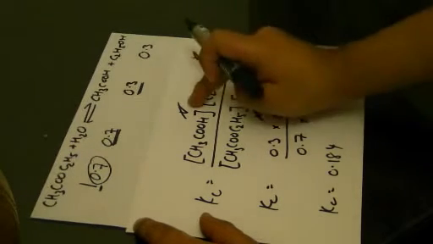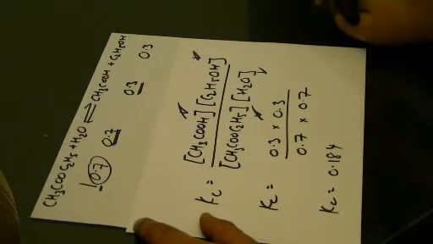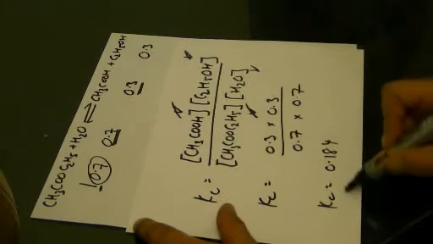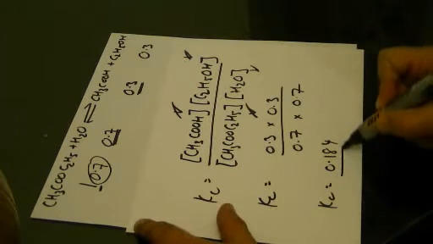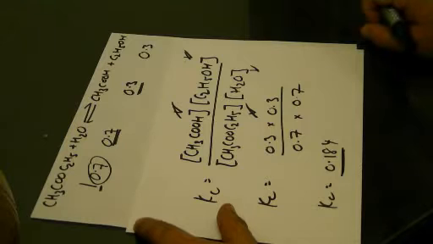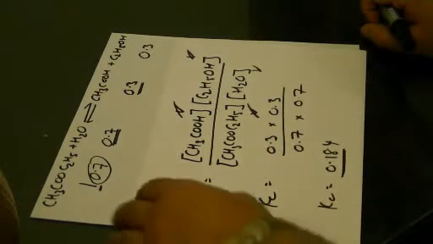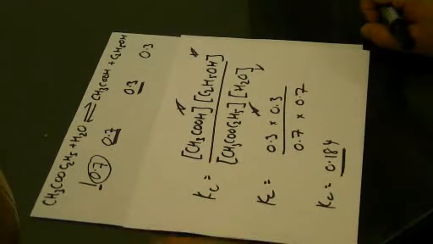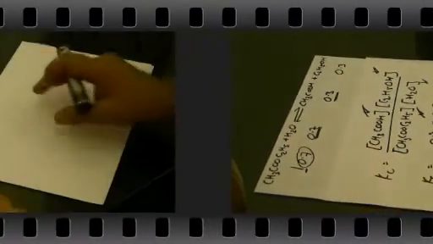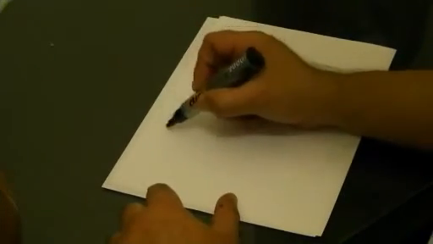If I times my top by 2, divide it by 2, I'm not doing anything at all. So we don't have to do anything to it, so our answer, the Kc, is 0.184. That is how to work out Kc for a very simple equilibrium. Okay, let's tinker on a tough one.